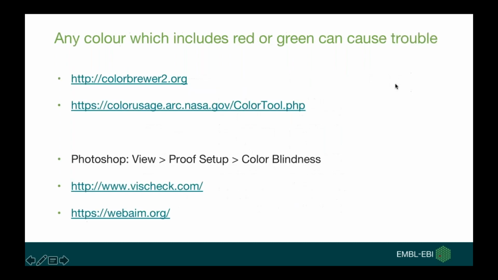So there are other schemes like that. Color Brewer offers one, and also there is the NASA Color tool. The other thing that we can do if you produce an image is to check it using the Photoshop color blindness tools, and also tools online such as VisCheck and WebAIM. And it's quite important because sometimes it's not just red and green that can cause trouble. It can be any color that includes these components.